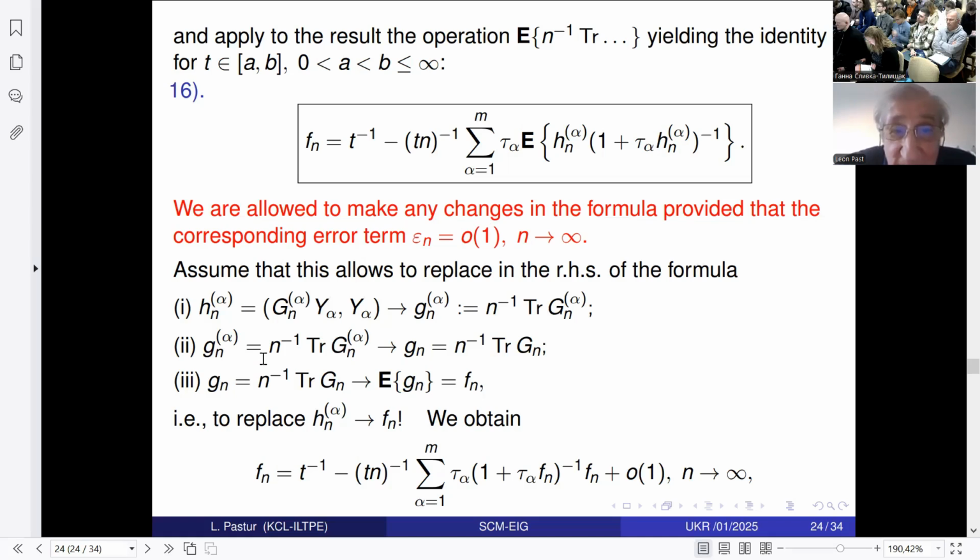Next step, I would like to get rid of the subindex alpha. I would like to pass from Gn alpha to Gn. So this will be the same trace by the matrix, by the full resolvent already, yeah? And third step, I would like to pass from Gn to its expectation. Provided all these three steps sum up, okay, would result at the moment in this replacement.